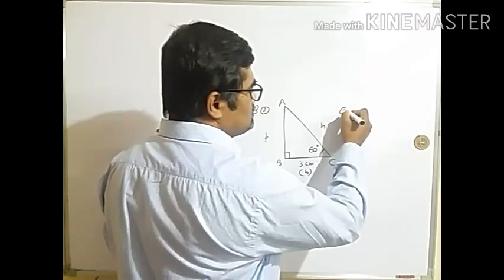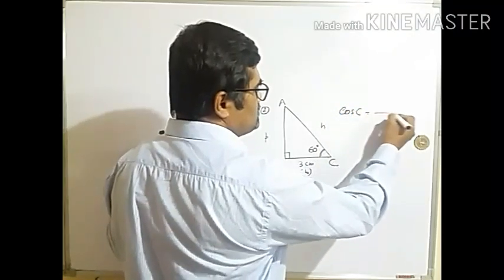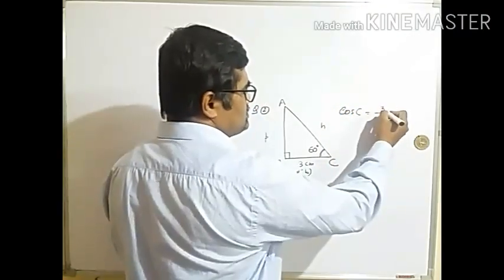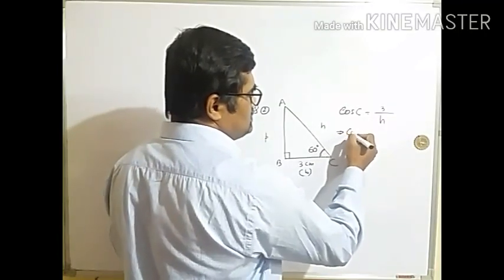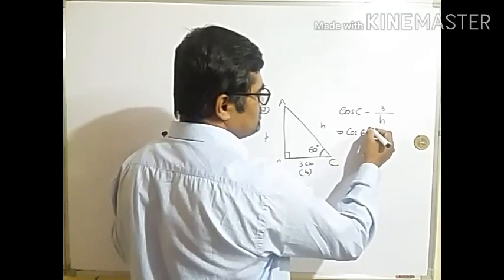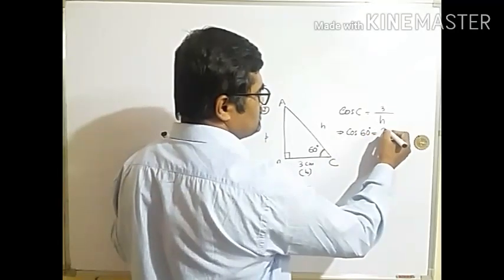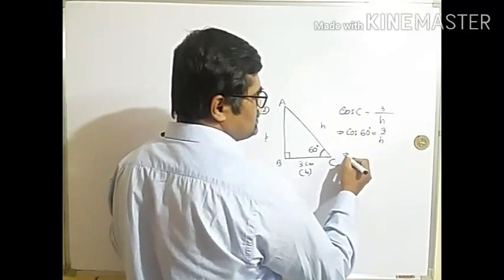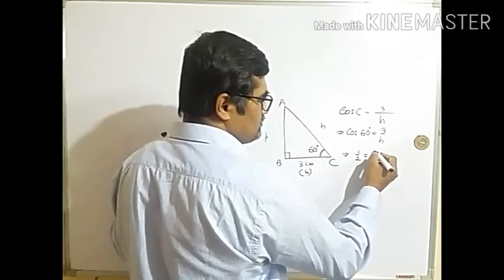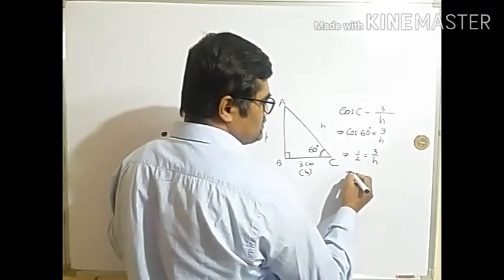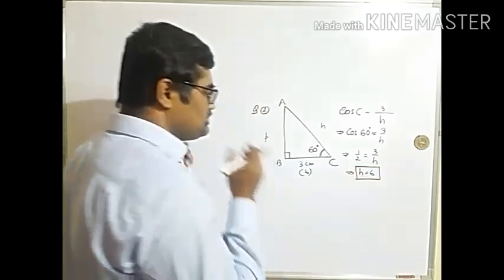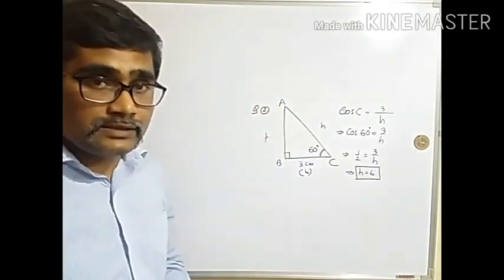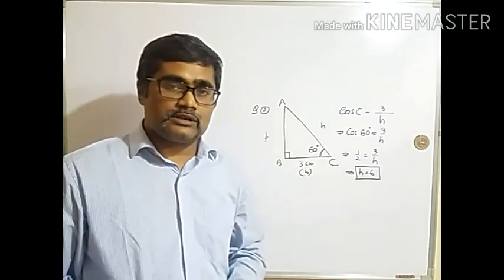So directly you can write cos C equals B by H, that is 3 divided by H. Now cos C equals cos 60 because the value is given here. So cos 60 is half, and 3 by H equals half. Do cross multiplication and H is equal to 6 centimeter.